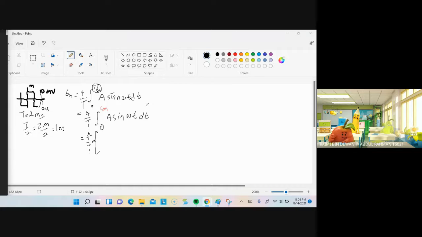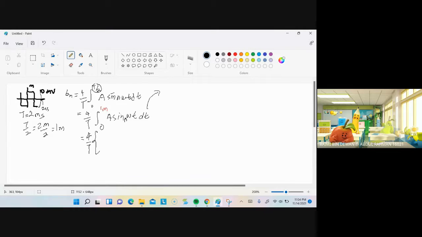When we integrate sine n omega t dt, I forgot there is a sine n inside, n omega naught.